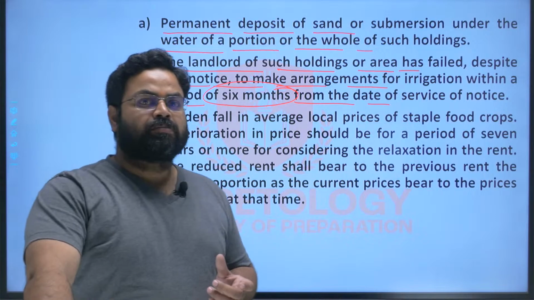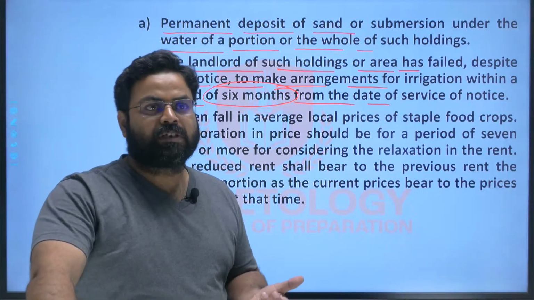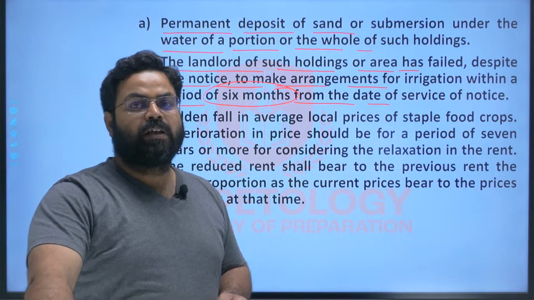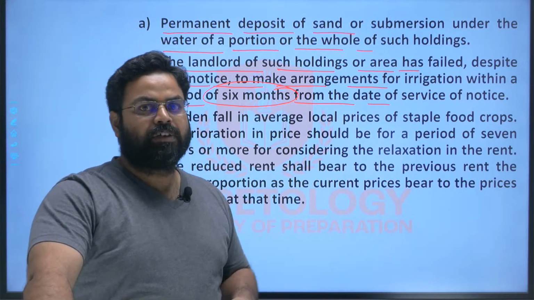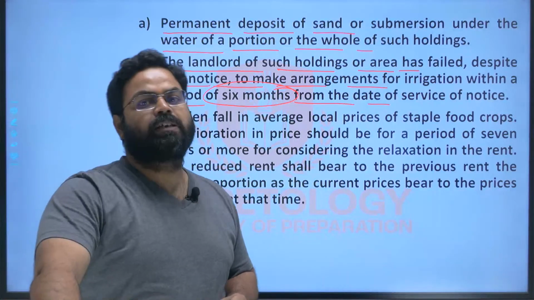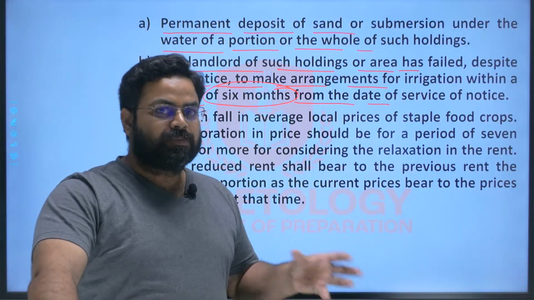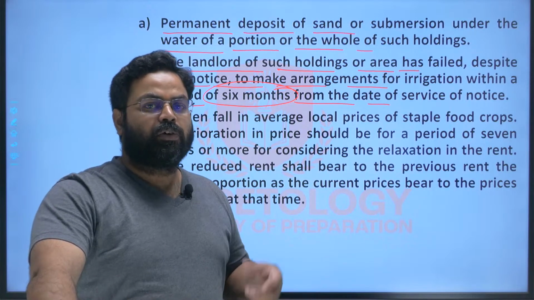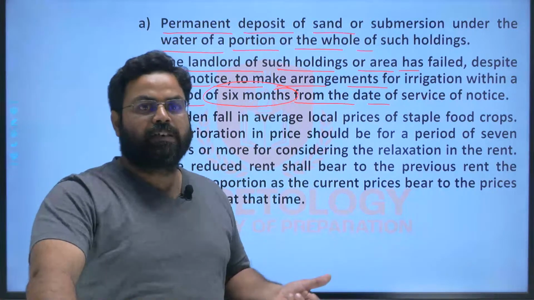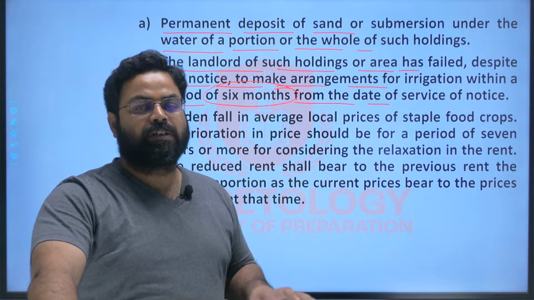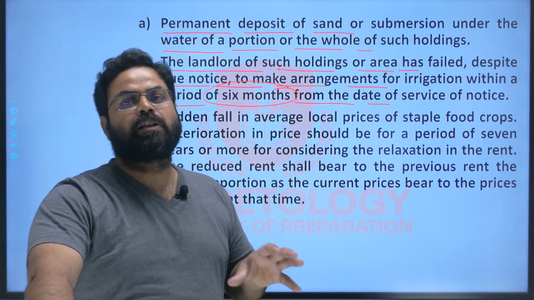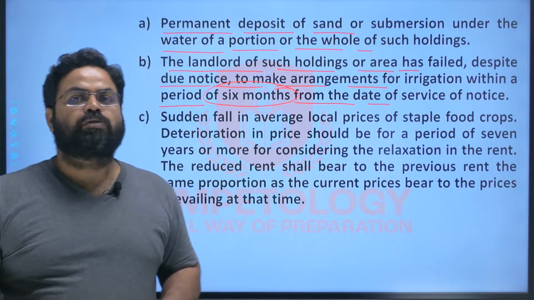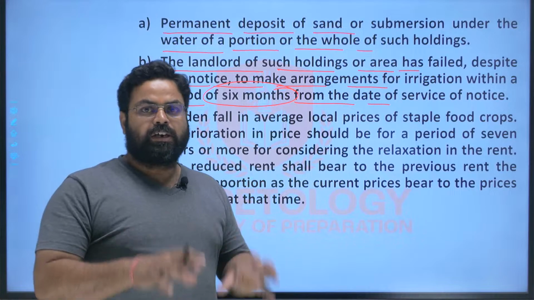So if any landlord had been served with a notice by the DC that the region of your authority where you are authorized to collect the land rent is facing a condition of drought, and you have to make alternative arrangements for irrigation in these regions so that cultivation can be carried out, and if he fails to do that, then in such cases the rent of those lands can be reduced.